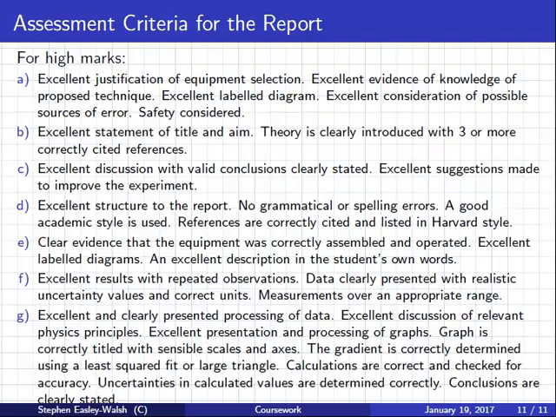Least squared fit is the name of the function that Excel uses to calculate the slope. So, for example, this method, least squared fit, basically means Excel. This method, large triangle, is what you did in your lab book, where you take 2 points and calculate it from a triangle.